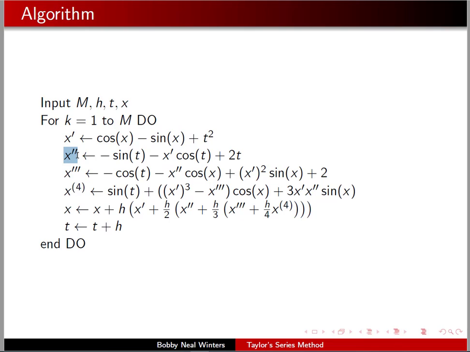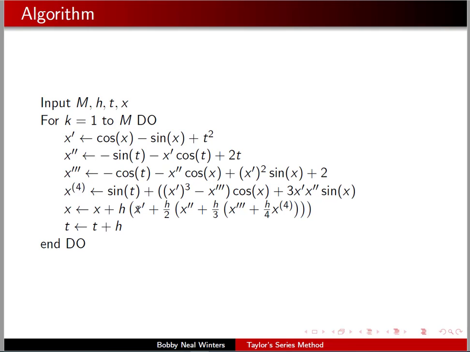We evaluate the x double prime, and then we can roll it in here and here when we go on down. And so just in general, we do this however many derivatives we choose to take. And then we go back to our Taylor series, and we evaluate it in.